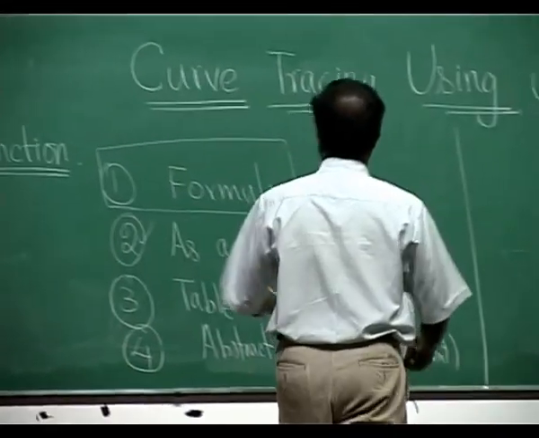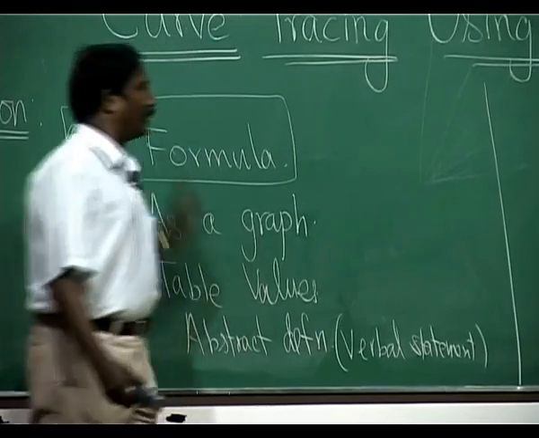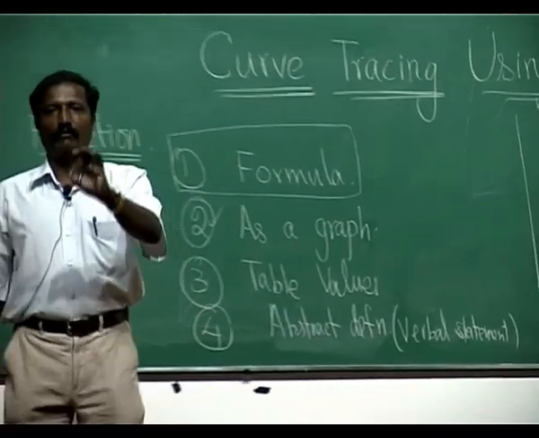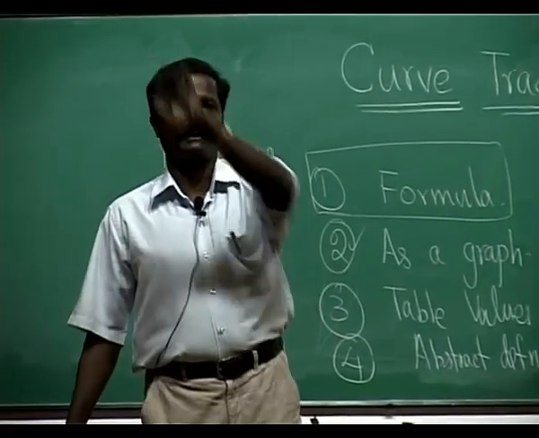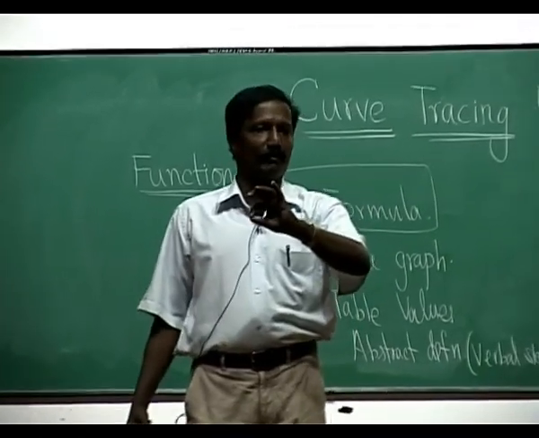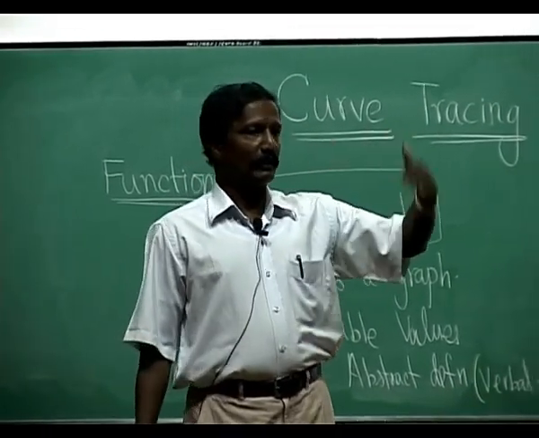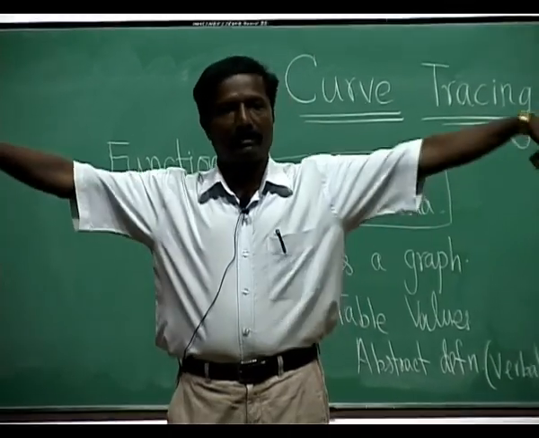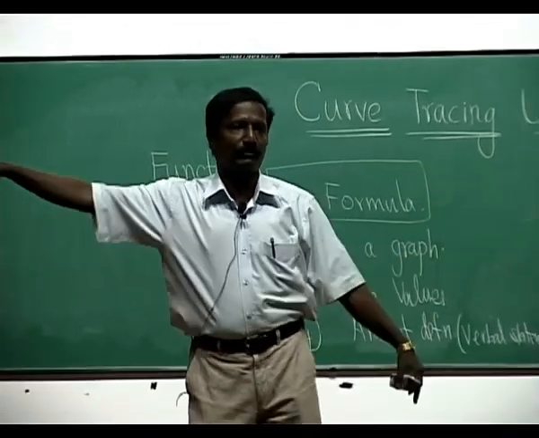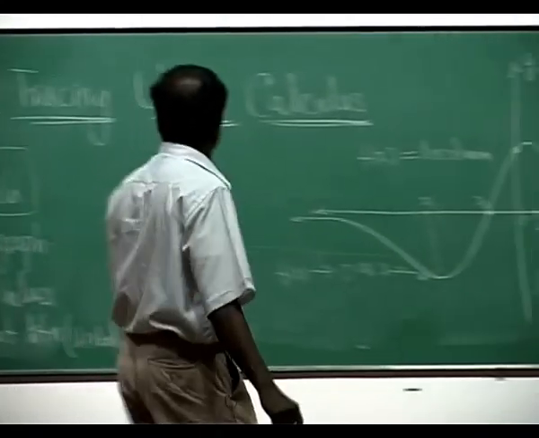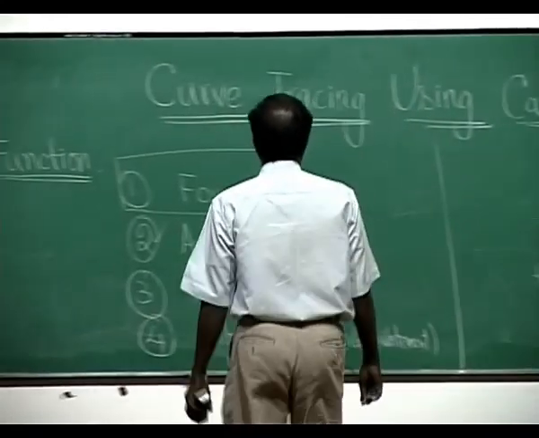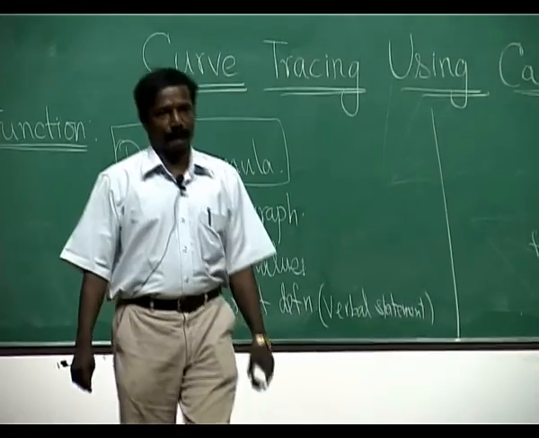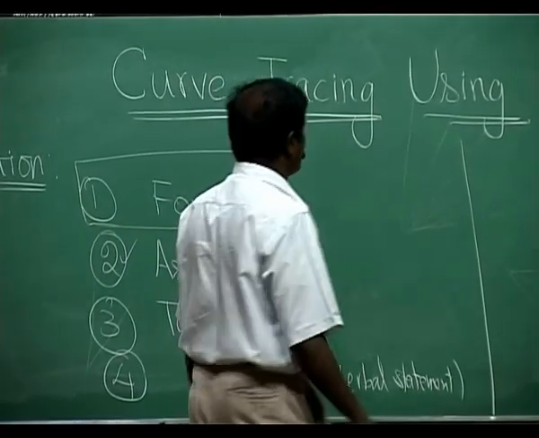Because if we are going to get the graph of a function given by a formula, we have to understand what the turning points are where it has local maxima or minima, what the points are at which it is not differentiable, and what the long-term behavior is on both sides, x going to plus infinity, minus infinity, all those things. So this is where our calculus is going to be helpful.